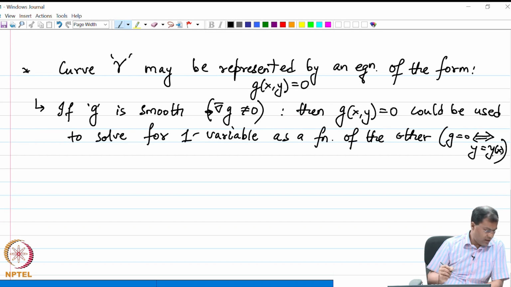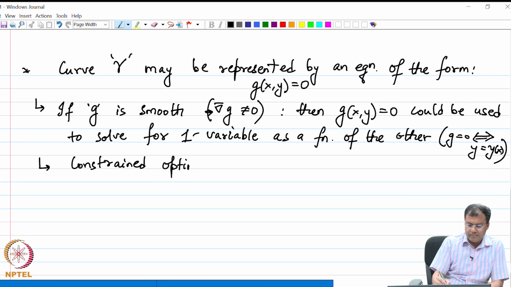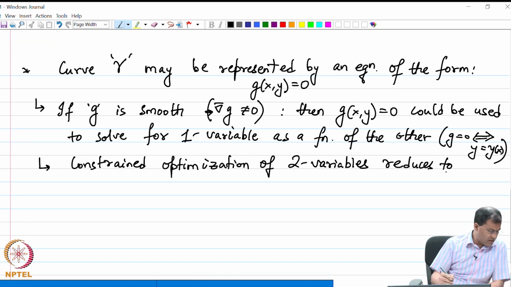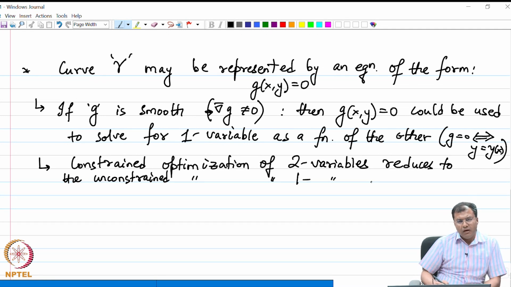That is something I am assuming, and if that is the case, then the constrained optimization of two variables reduces to the unconstrained optimization of one variable, right. Okay. It seems the picture is very rosy, right.